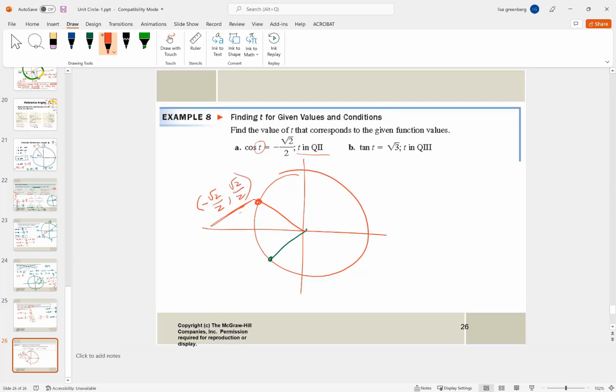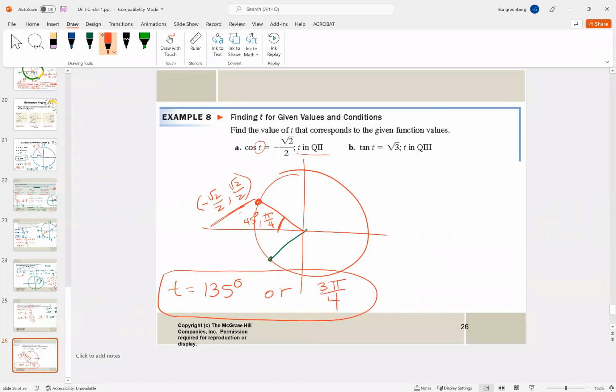Because I'm in quadrant 2, and I know that 45 degrees or pi over 4 is the matching value in quadrant 1, I know that's my reference angle. So t is going to be equal to 180 minus 45, or 135 degrees, or pi minus pi over 4, which is 3 pi over 4, right?